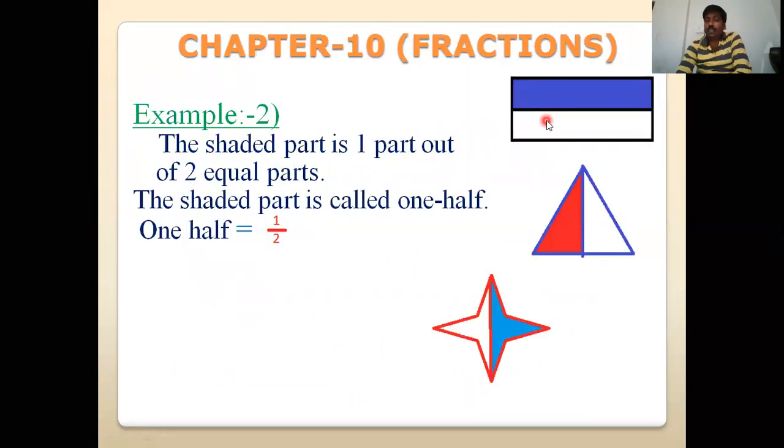Here we see a rectangle, a triangle, and a star-like figure. We divide each into two equal parts, and each part of each figure is called one half. It means 1 by 2.